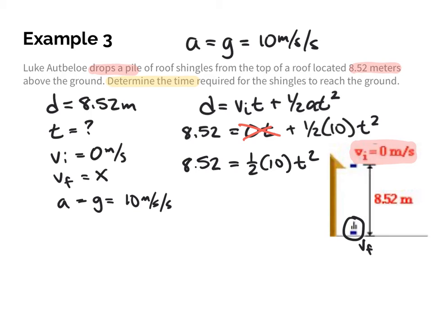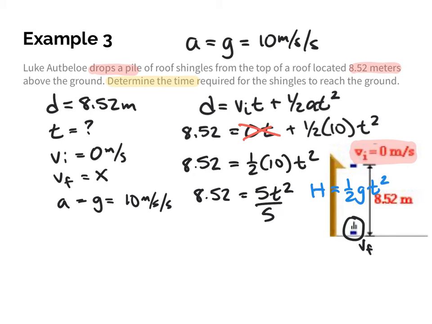And just to bring this up, what I have right here is that height equation that I gave you guys in the free fall motion video lesson. In here, I'm just trying to solve for time. The first thing I'm going to do is take half of 10, so I get 8.52 equals 5t squared.